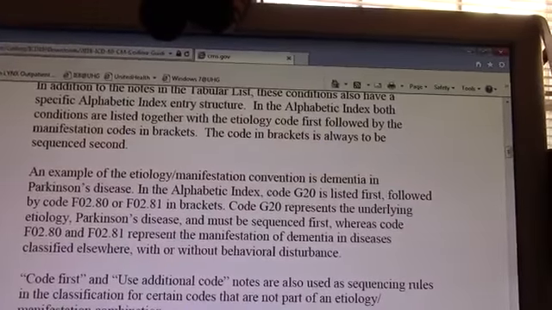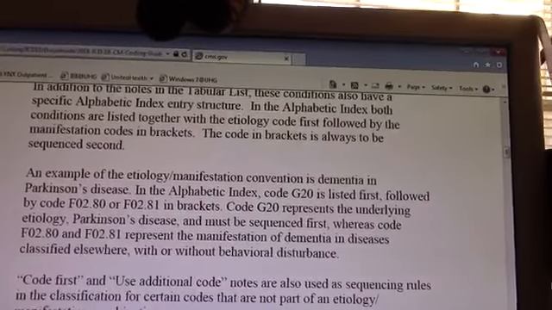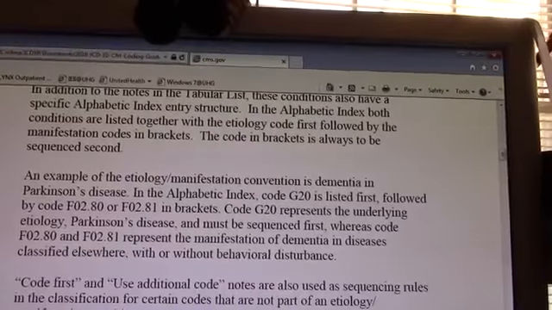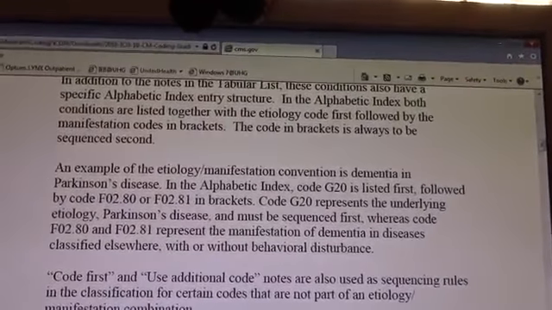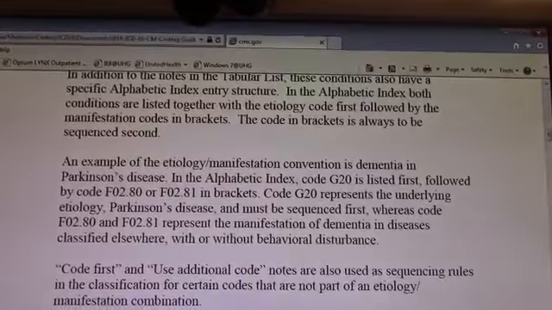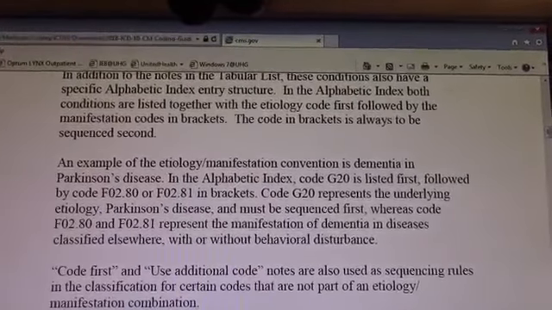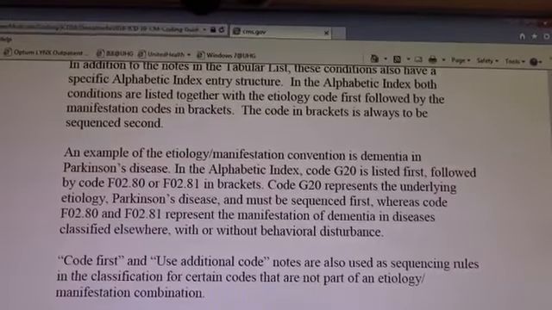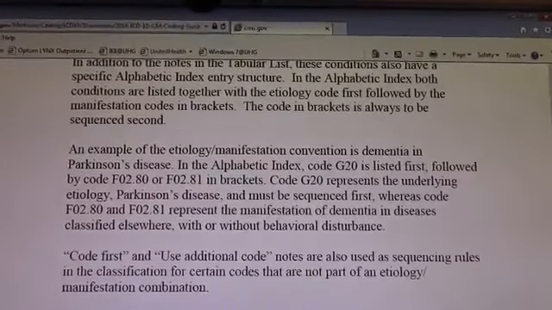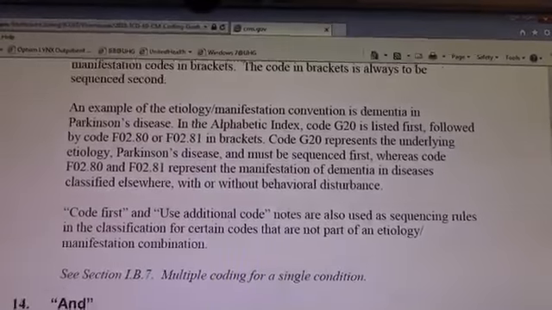So your Parkinson's disease must be sequenced first, followed by a code for your dementia. So that way your coding is saying, because of the Parkinson's, this patient is now into dementia. And you're showing the etiology manifestation coding sequence by assigning the two codes in the appropriate order.